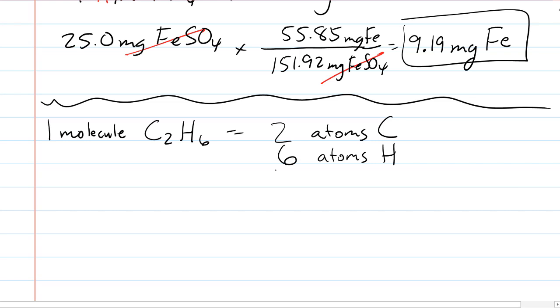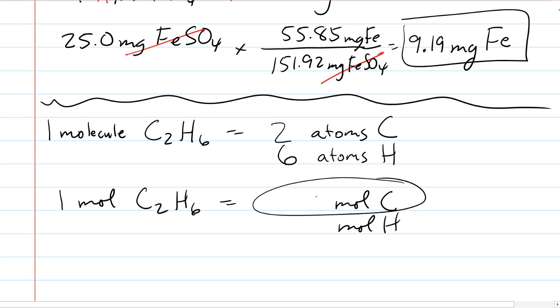How many atoms of hydrogen would there be? 6. Quite simple. So now let's say that we had Avogadro's number of molecules of C2H6. How many moles would there be of carbon? 2.